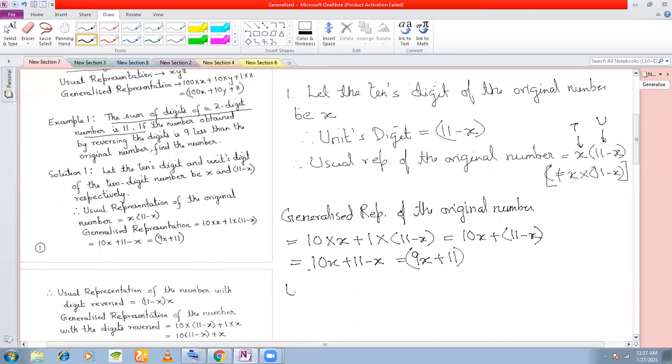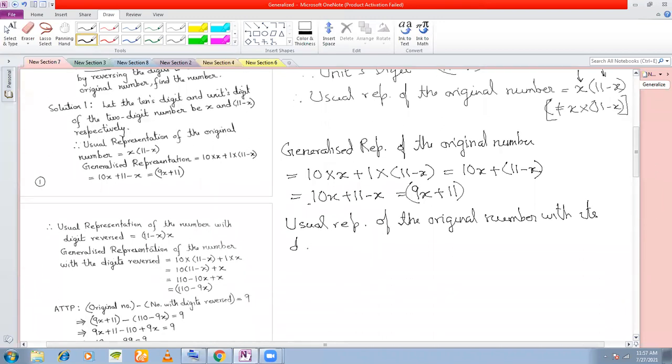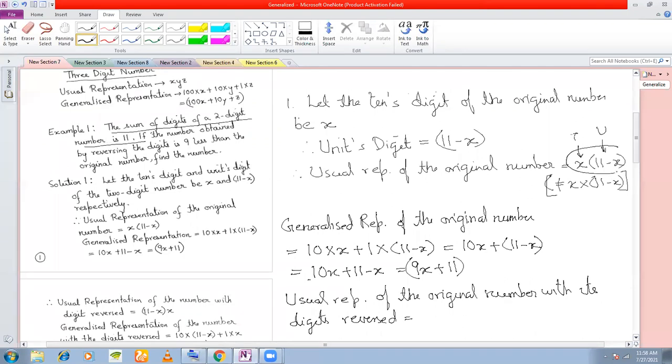Now we shall see, after I reverse the digits, what should be the usual representation of the original number with its digits reversed? What was the original number? This one, right? So now the units digit becomes the tens digit and the tens digit becomes the units digit.